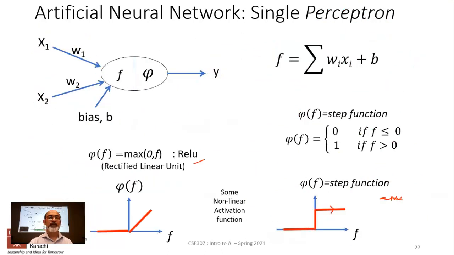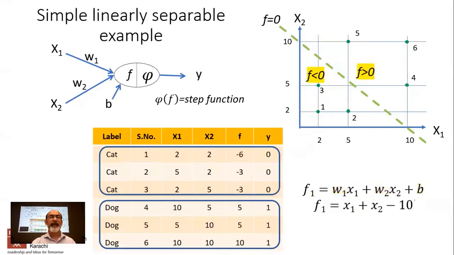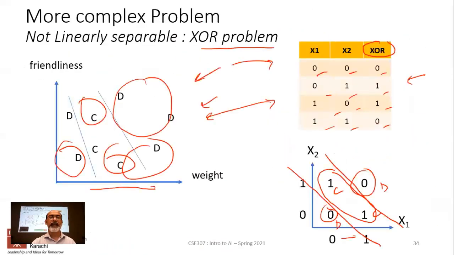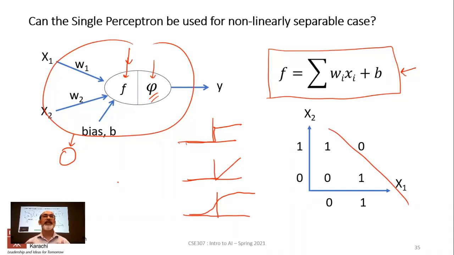So can you think of a way to combine these into a bunch of perceptrons which could perhaps solve this problem? Let's show this entire thing as a single perceptron, and I said that you can combine these. How would you combine these?